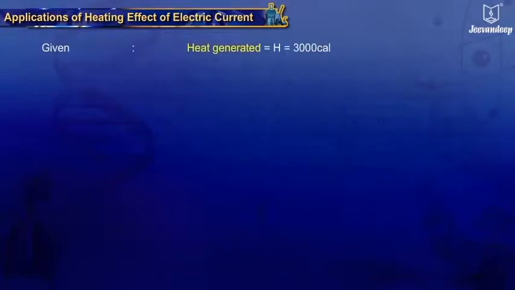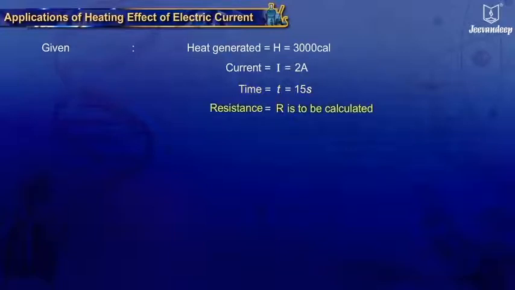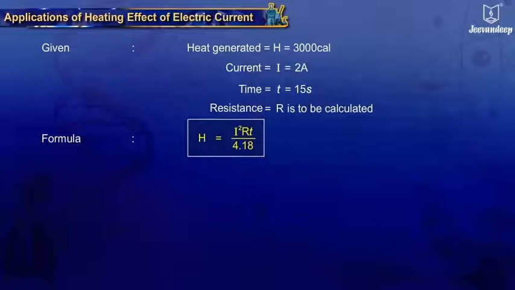Given heat generated H equals 3000 calories, current I equals 2 amperes, time T equals 15 seconds. Resistance R is to be calculated. Formula: H equals I square RT upon 4.18.